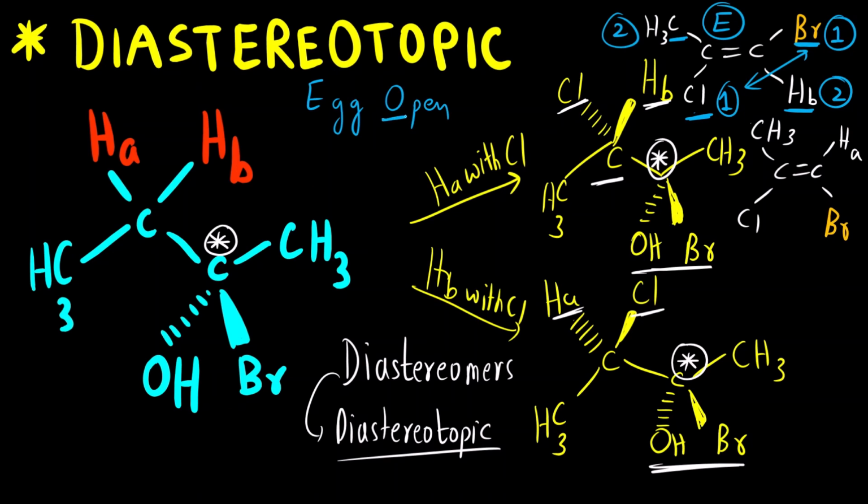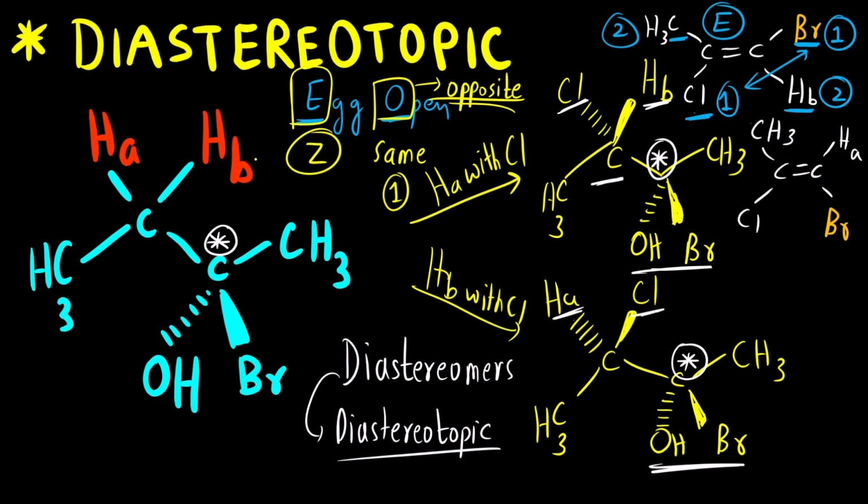That means if the higher priority groups are on the opposite side, it will be E. O for opposite. And if they are on the same side, higher priority groups that is 1 are on the same side, then it is Z.